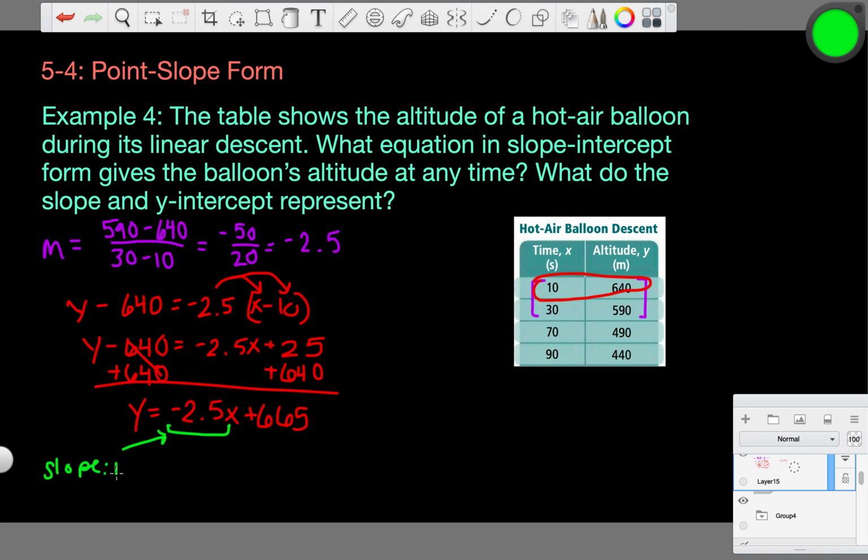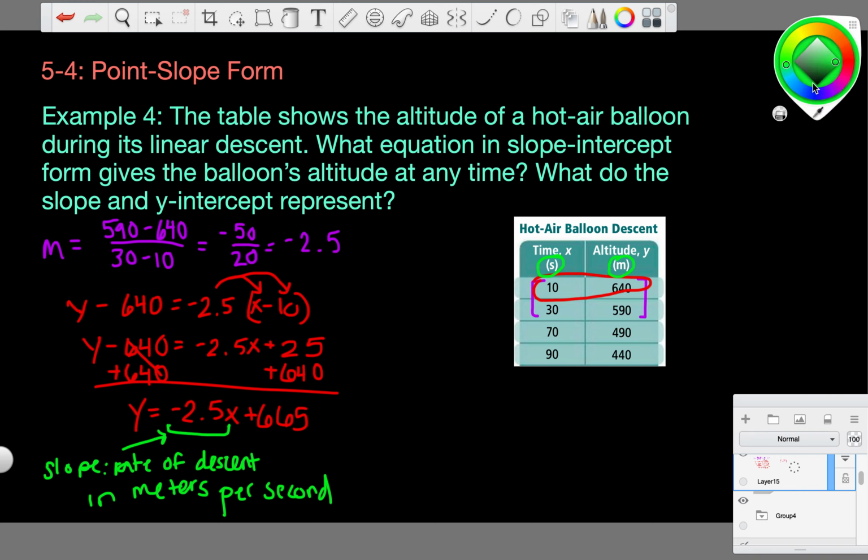So we're going to label this as the rate of descent in meters per second, because our time is measured in seconds. Right up here, seconds and meters.